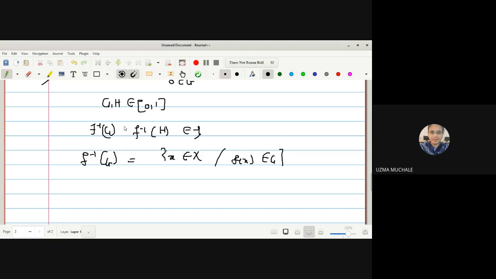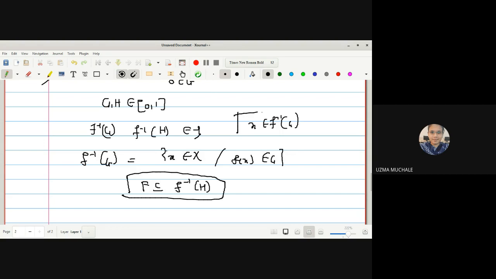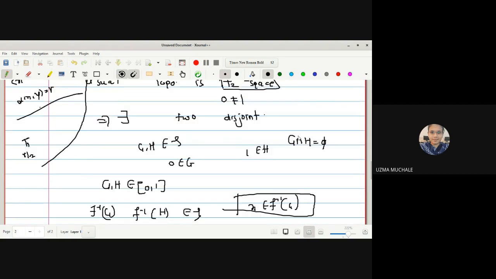Because we have found the open sets in such a way that x is a member of f inverse of G, and f inverse of H will contain the closed set F. Okay. So hence the proof: x belongs to f inverse of G and F is contained in f inverse of H. Is it okay? Okay, let me prove once again what we have to do.